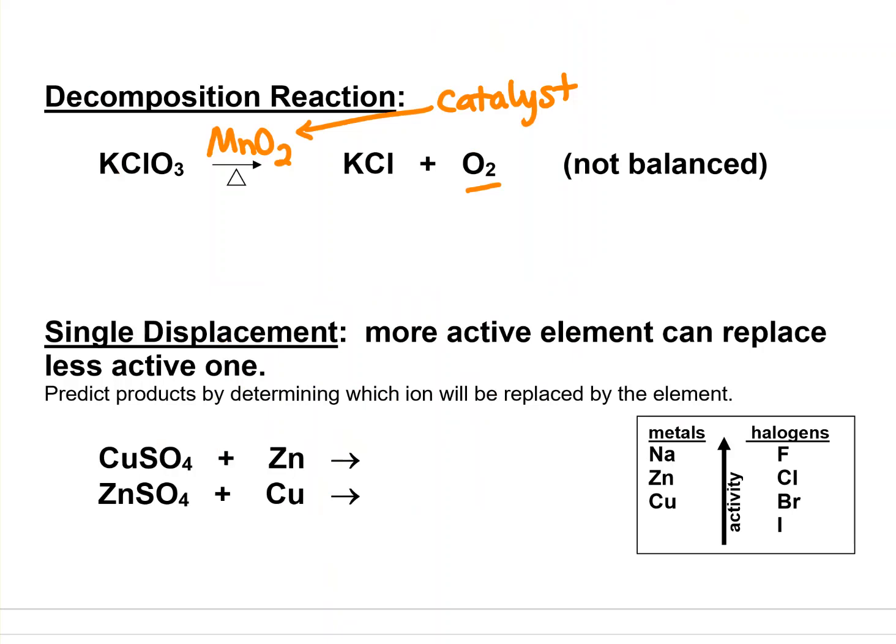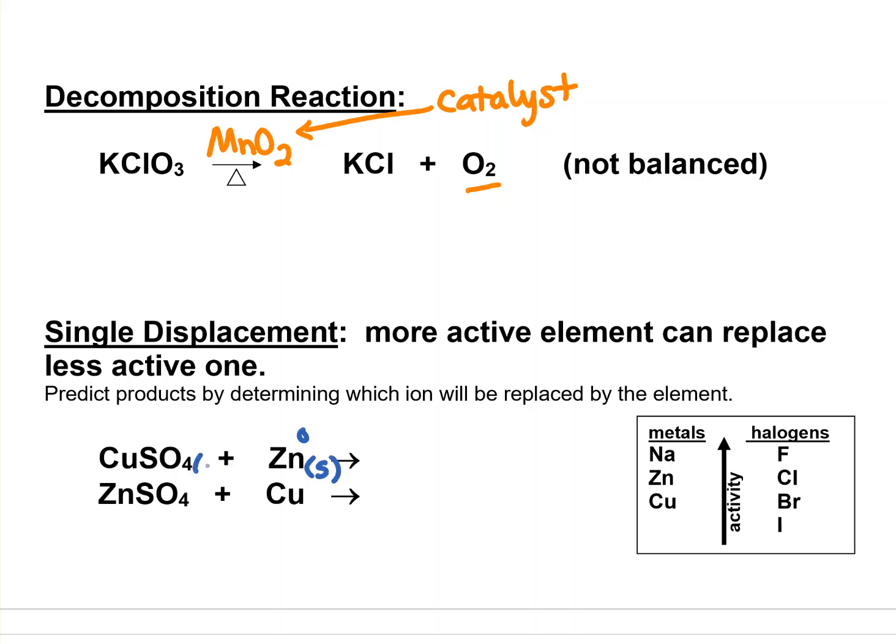On the single displacement reactions, a more active element can replace a less active one. And you do need to have an idea about how to predict products on these. Let's look at the top one. So zinc is not an ion here, it's the solid. I put a 0 up there for its oxidation state.